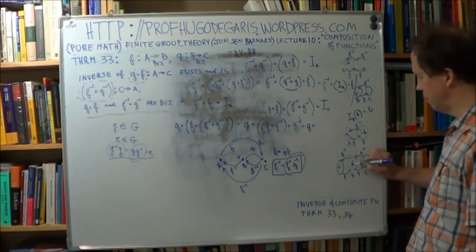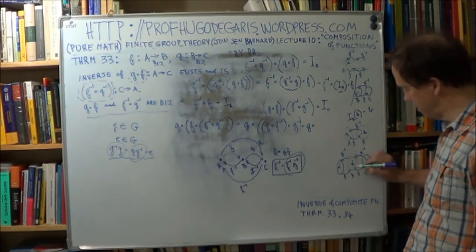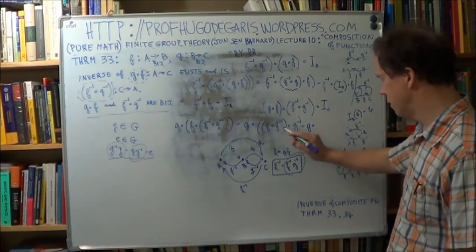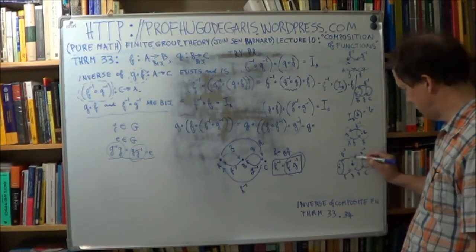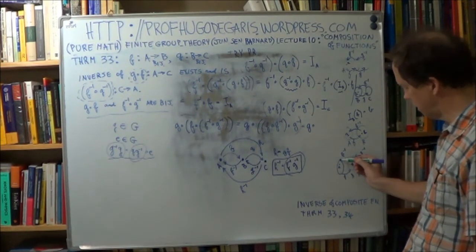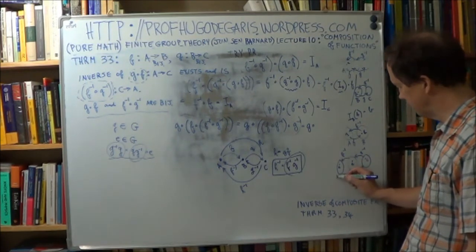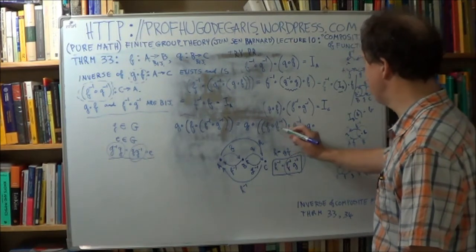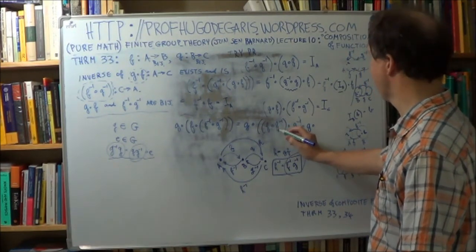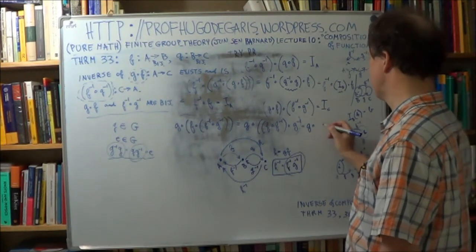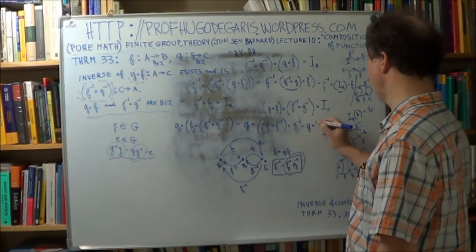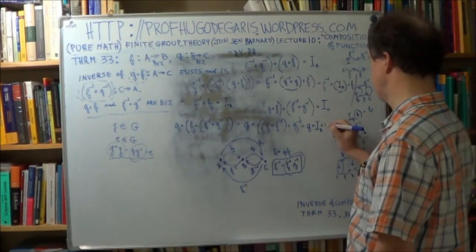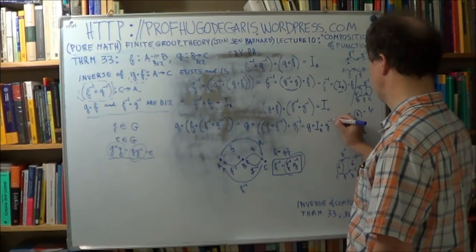So effectively you just stayed in set B. You start in B and you go to set A, followed by f which takes you back to B. So this here is I_B, times g inverse.